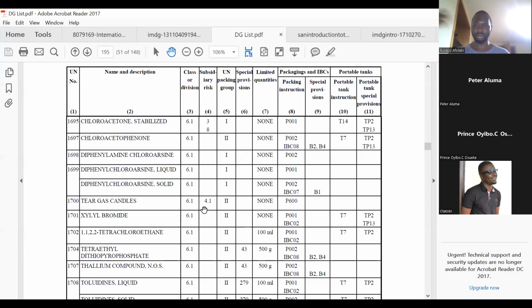We will talk about limited quantities next week, but try to get the UN packing group and one or two special provisions for any DG as well. Trust me, you will really enjoy it when you find out that you really got this stuff, and not everyone gets it.